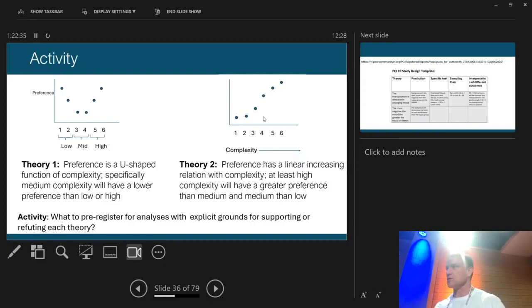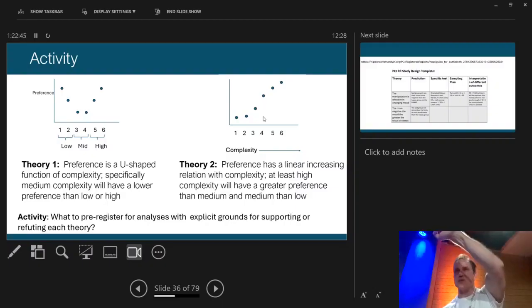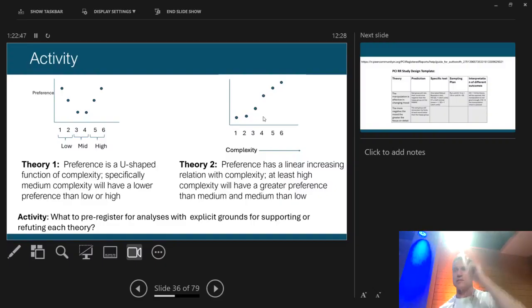I checked with my interlocutor, and she said, no, that wouldn't. What I need is the low ones are here, then it goes down for the mid, and then it goes up for the high. She said she needed that to test the theory. And a quadratic trend wouldn't refute theory two because, as I said, it could still be monotonically increasing upwards. It just means there's a bit of curvature in the line. So that's not the test.